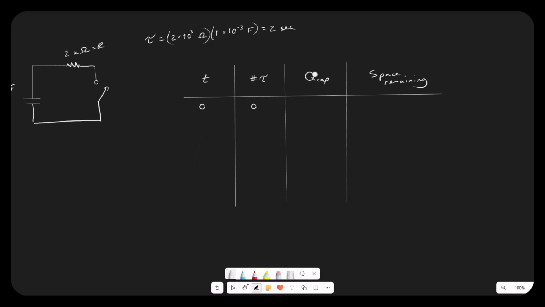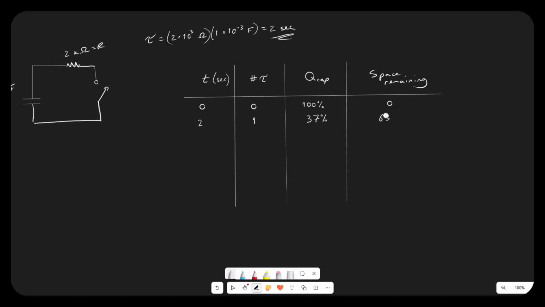The charge on my capacitor is 100%, and space remaining is 0. After 2 seconds, 1 time constant has gone by, because each time constant's worth 2 seconds. The charge on here is going to be 37%, so the empty space is going to be 63%.